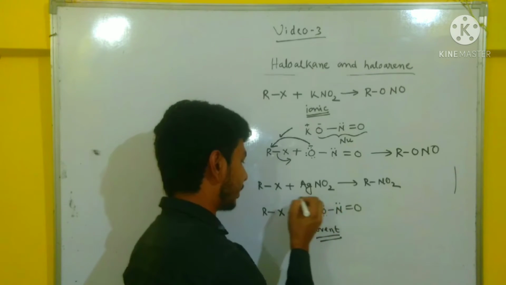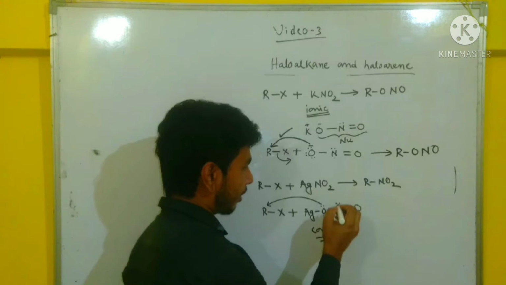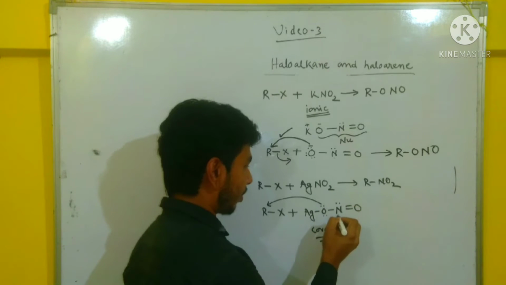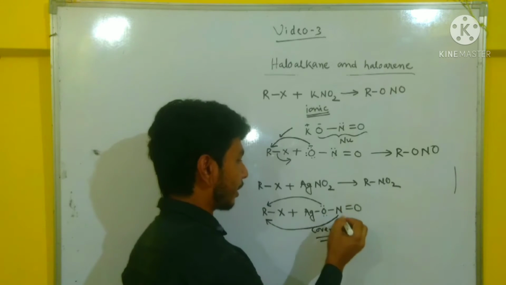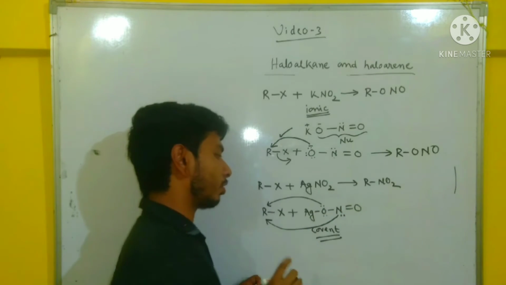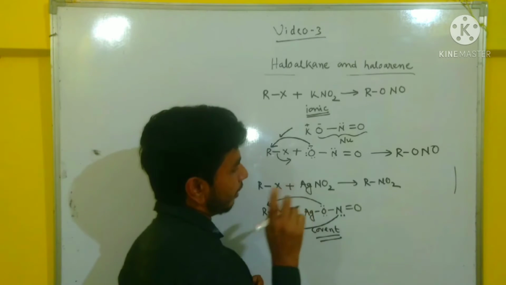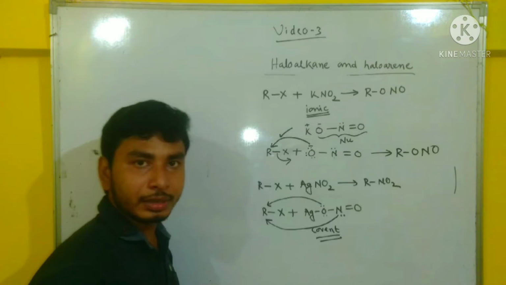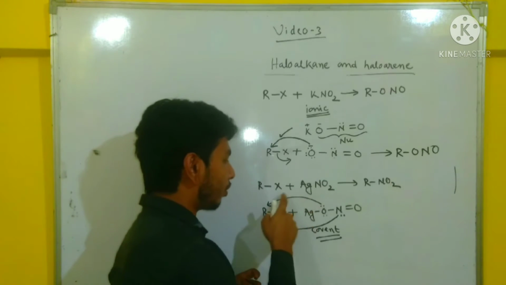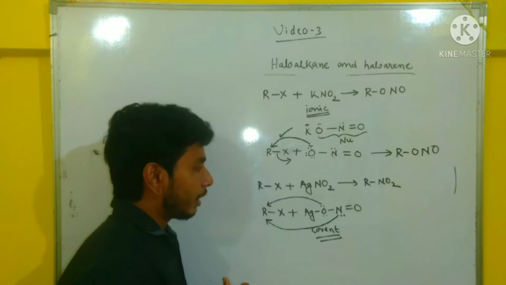Now this oxygen can donate the electron, and the nitrogen can also donate the electron. So there are two possibilities, oxygen as well as nitrogen. Now which one will actually take place, will oxygen donate or will nitrogen donate?